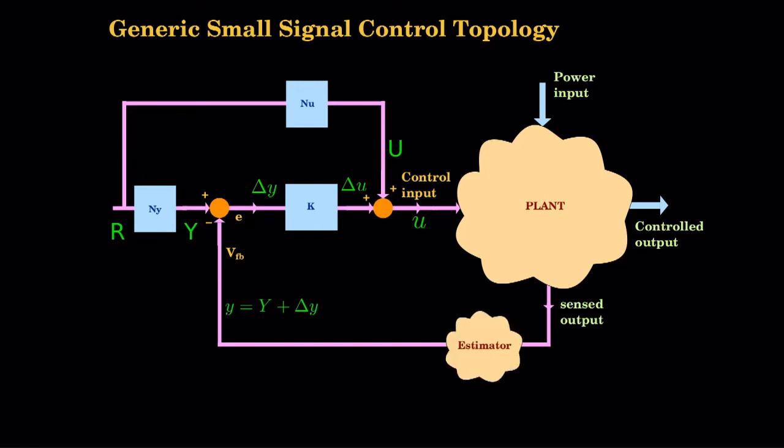So, you need to put an estimator there. Now, when I say include an estimator there, is it another plant? Is it another system? What have I put there? Is it another duplicate of the plant?